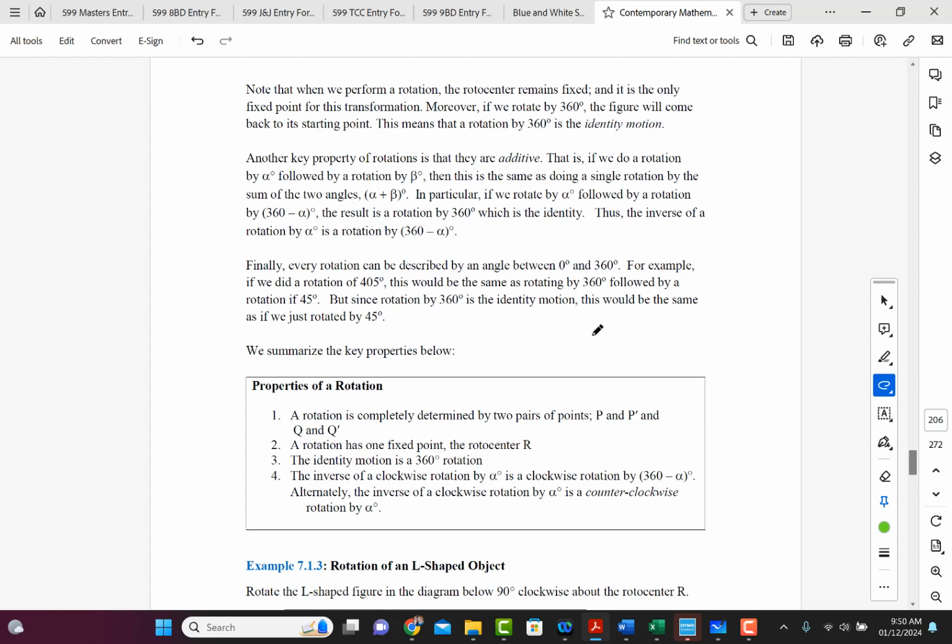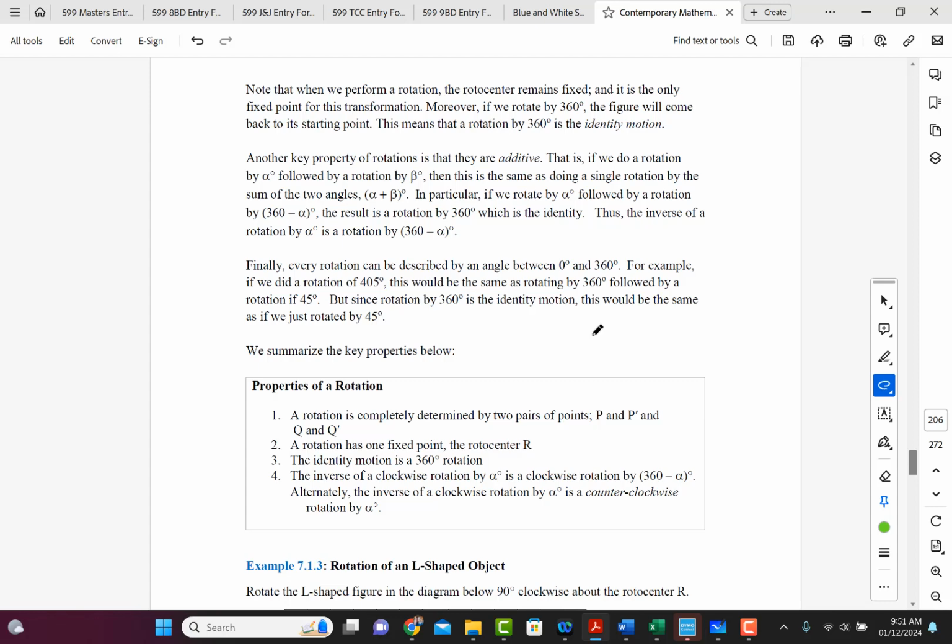For example, if we did a rotation of 405 degrees, this would be the same as rotating by 360 degrees followed by a rotation of 45 degrees. The 360 degrees is an identity motion, right? And so we could describe the same rotation by just using a rotation of 45 degrees.